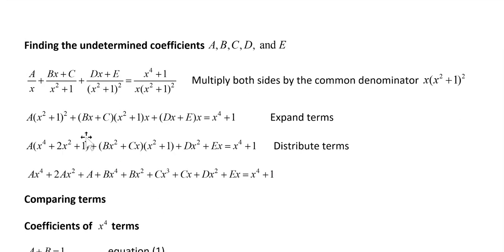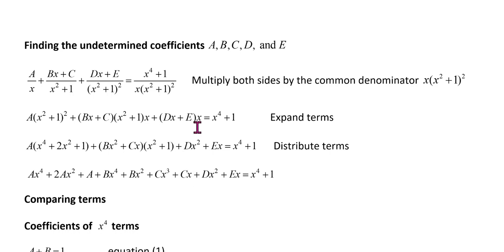So now we can FOIL everything, expand everything, and then end up with this polynomial. So here we're going to FOIL this out and then distribute a. Here we're going to FOIL this and then multiply by x, and then it gives us this.